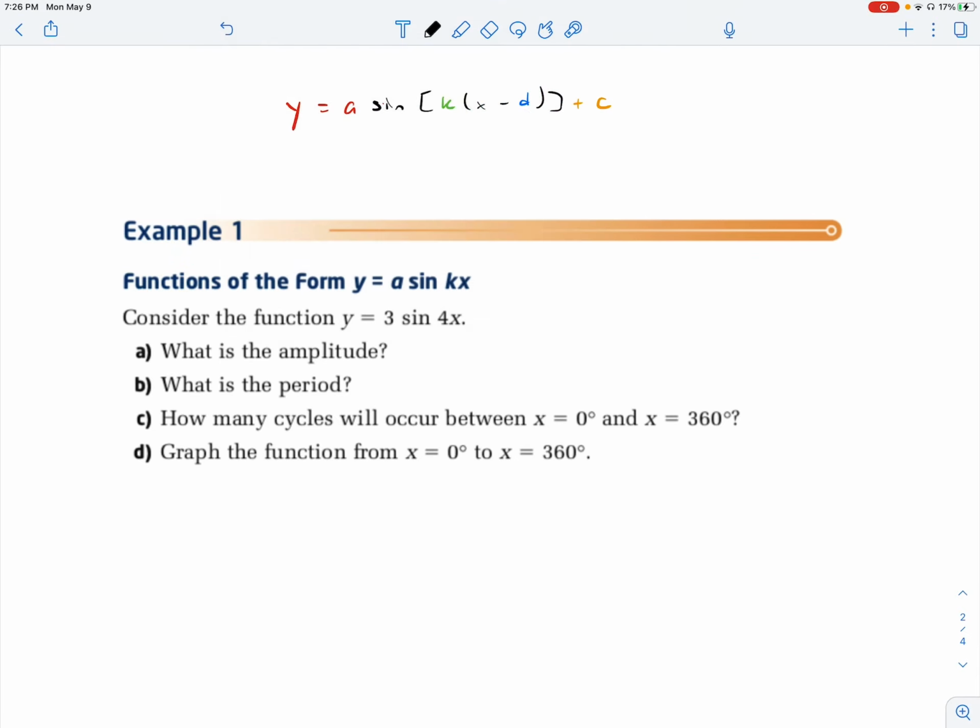Okay, so we have a basic sine function, and then we have those parameters that are being introduced to it. So you're each going to have some kind of effect. So it's kind of easy to remember these.